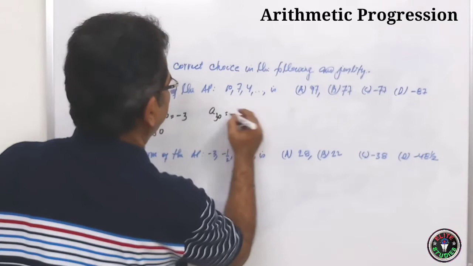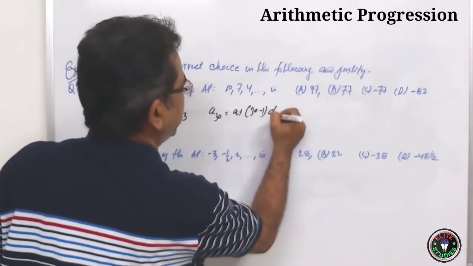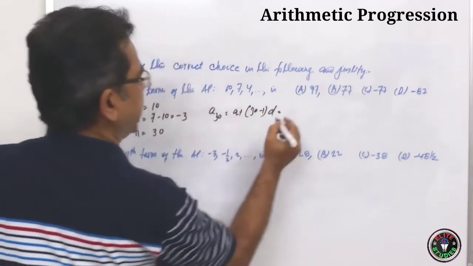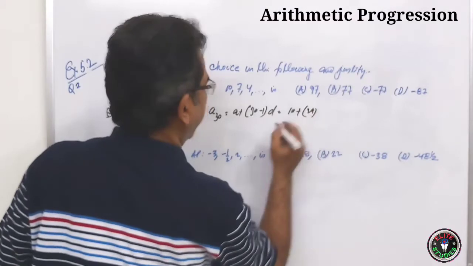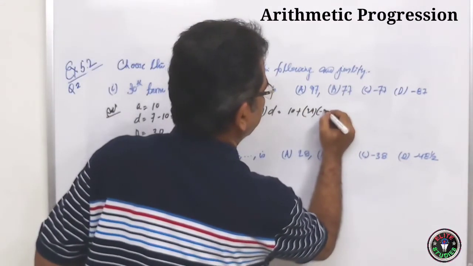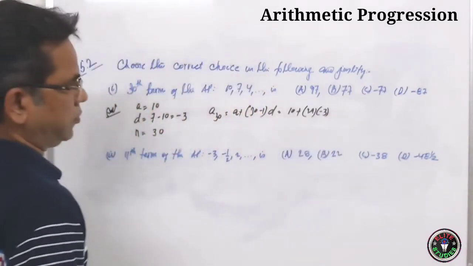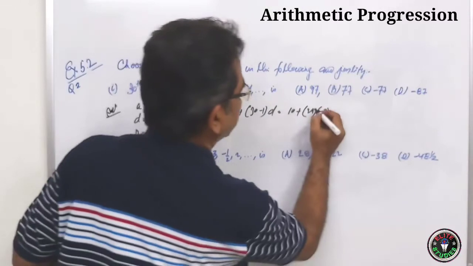So A30 is equal to what? A plus 30 minus 1 D. So A is how much? 10 plus 30 minus 1 means 29, and D is how much? D is minus 3. So it will how much? 29.